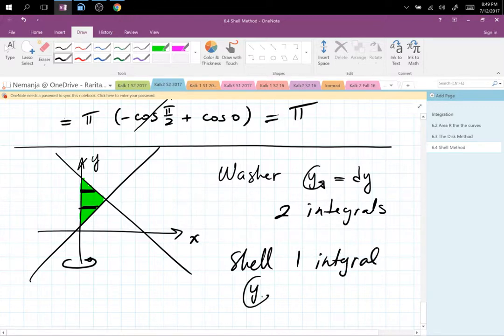Because rotation on y gives us dx, and if you draw dx over here, you see that the bottom always rides this function, the top always rides that function, and that's why for the entire shape you only have one integral to worry about.